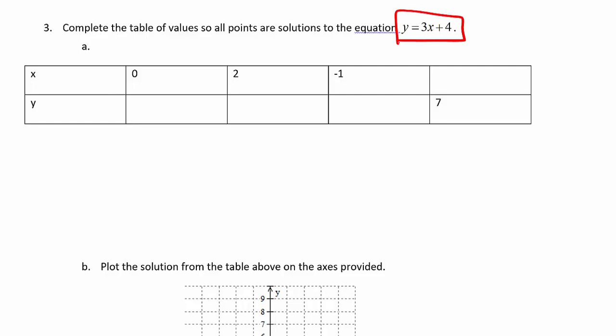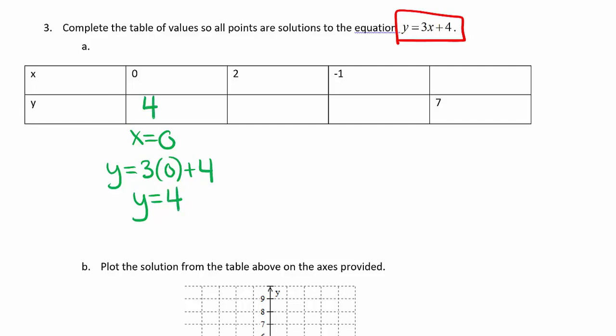And we're asked to complete the table of values so all points are solutions to the equation. What we can do in this problem is we can plug in the numbers that are given to us to find the missing number. So the first part of this table of values is saying x equals 0. And so I'm going to take my equation and I am going to replace the x with 0 and then see what I get. If x is 0, I end up getting just y equals 4.